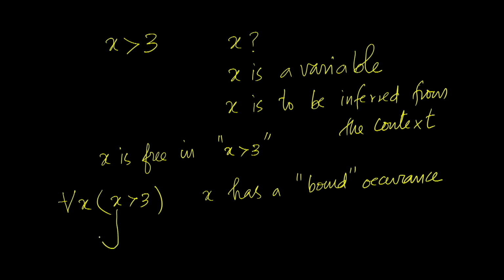This occurrence of x is bound to this quantifier. So variables can have free and bound occurrences. It is also possible to mix free and bound occurrences within the same statement.